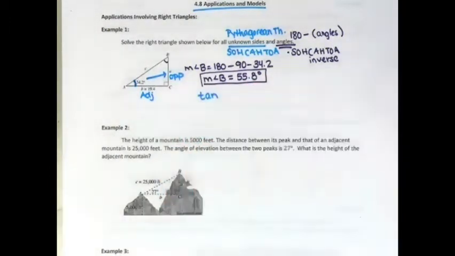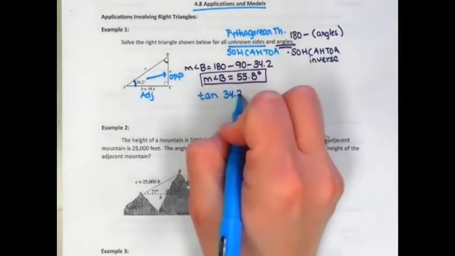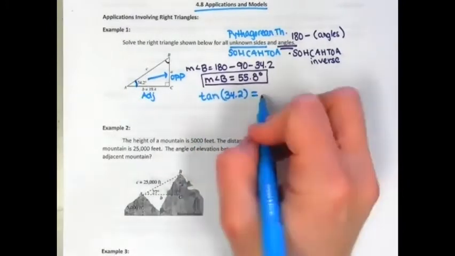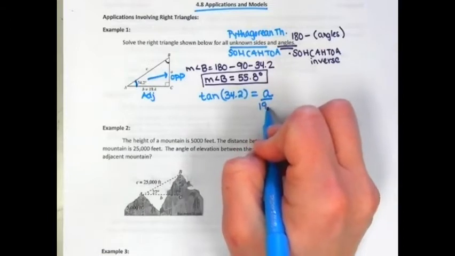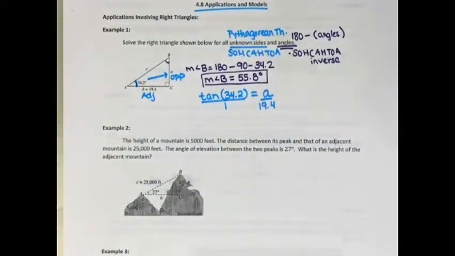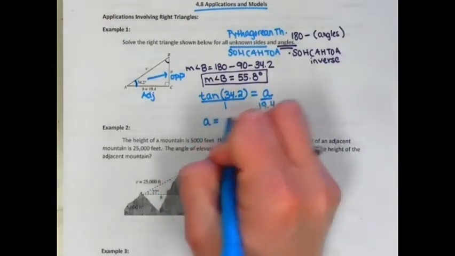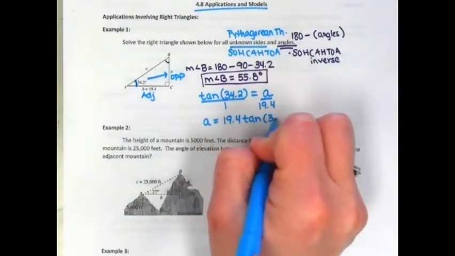So the tangent of my angle, what's my angle? 34.2 is equal to my opposite, which is A, over my adjacent, which is 19.4. And I like putting the tangent over 1 because now how do I solve for A? Cross multiply. So A will equal 19.4 times the tangent of 34.2.